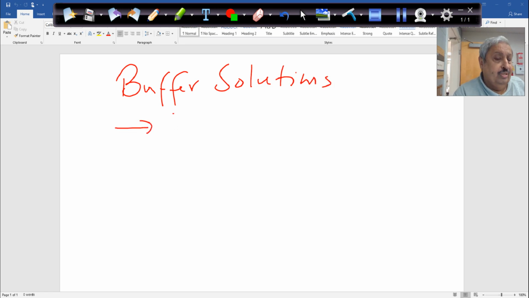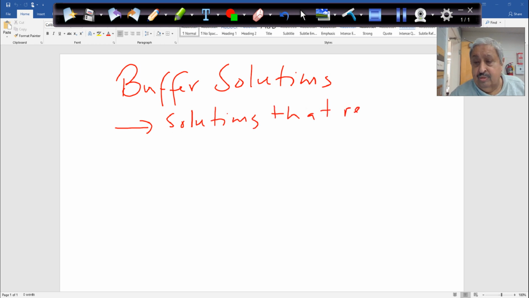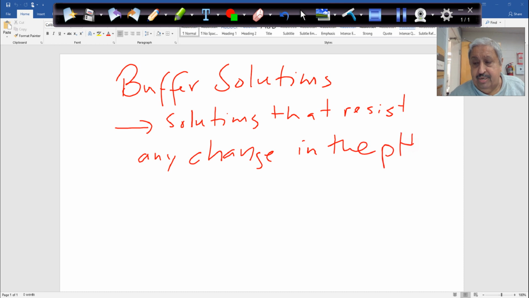So we said buffers are solutions that resist any change in the pH of the solution. You add this one here to maintain the pH constant.